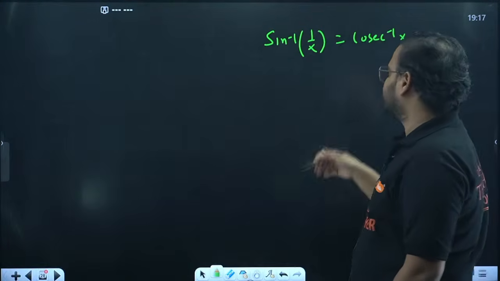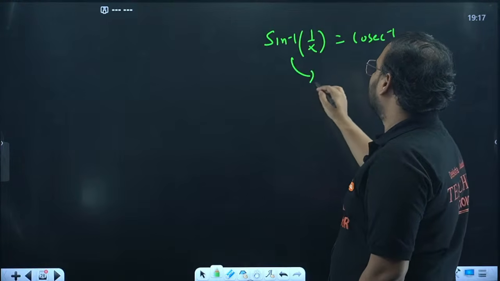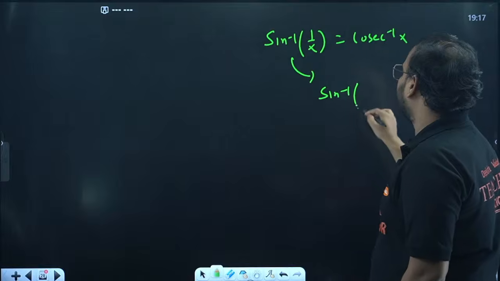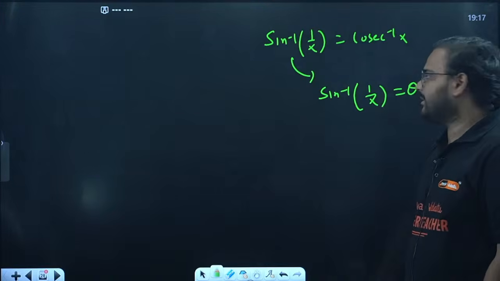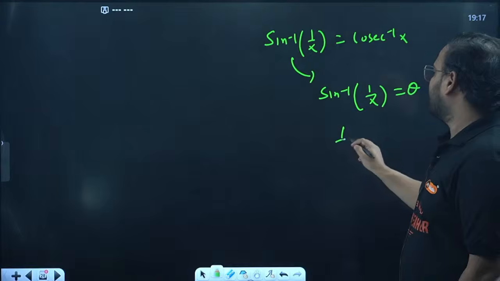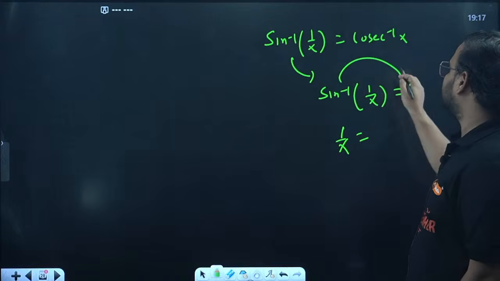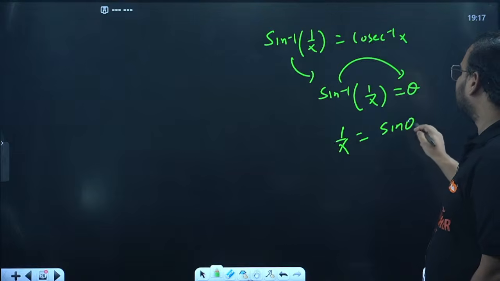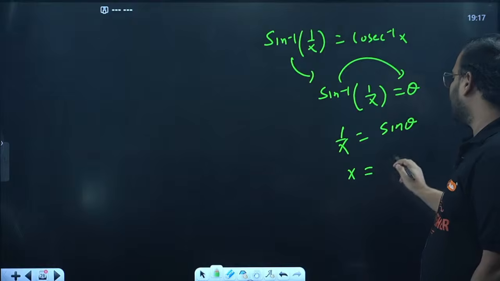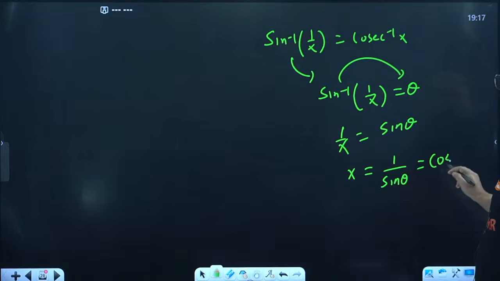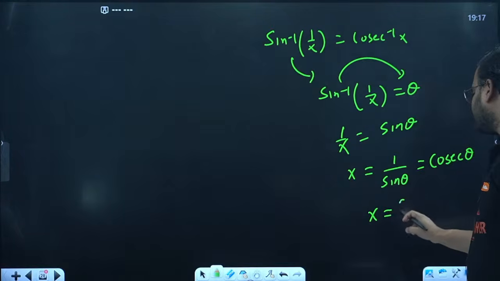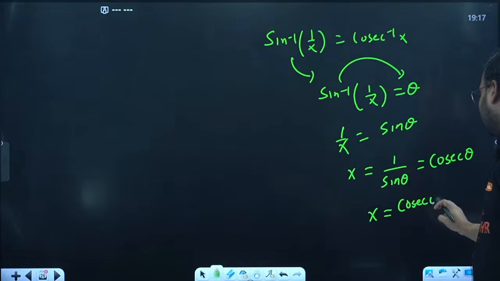How can we prove it? Let's try from here. If I take sin inverse of 1 by x as theta, then 1 by x equals sin theta. So I can write x equals 1 by sin theta, and how much is that? Cosec theta. So x equals cosec theta.